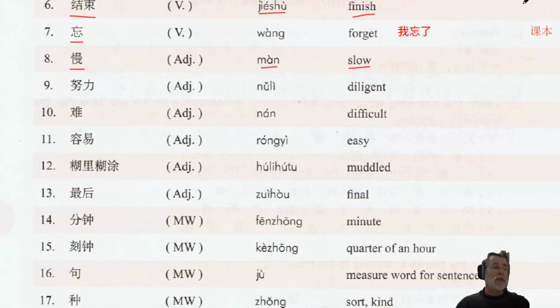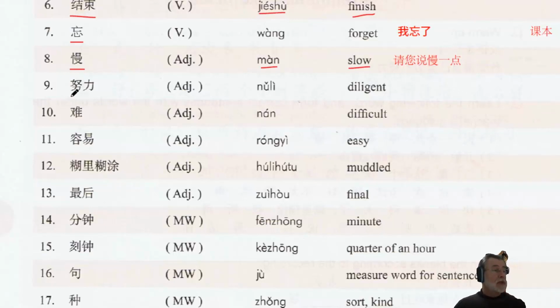For example, when you're doing the oral test at the end of a semester, and if you feel that the teacher is talking too fast, you might say something like 请您说慢一点，请你说慢一点。Okay, so could you please speak a little bit slower? And then, when you're talking to somebody in real life, outside the university, this may come in handy too. So that's 慢, it's an adjective.